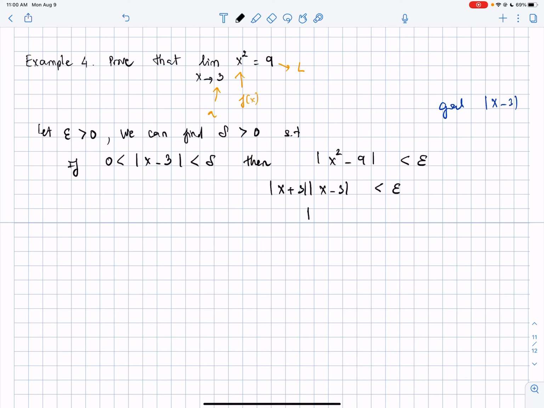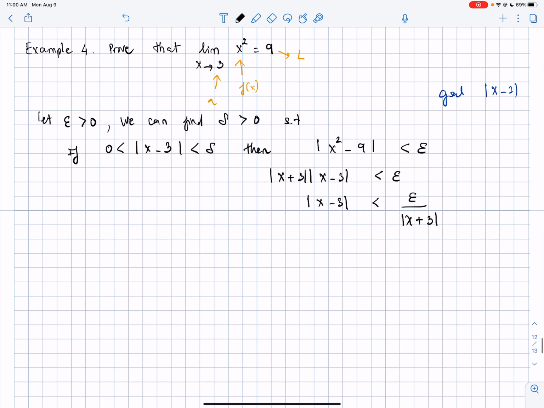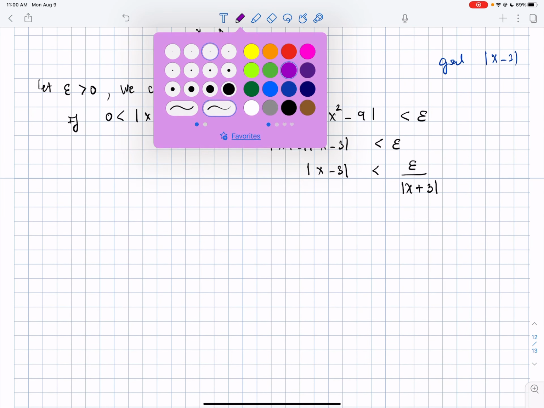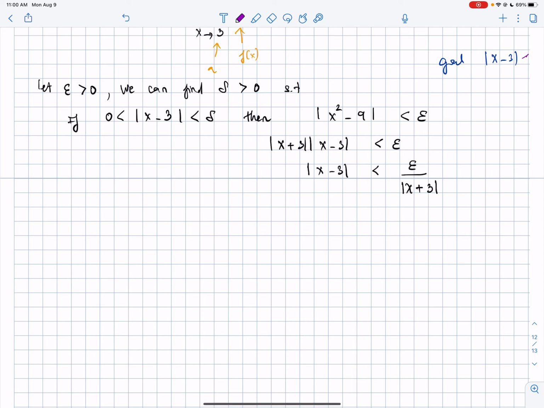Then we want to get x minus 3, so we keep this and then we divide both sides by the absolute value of x plus 3. You know that we will choose the delta, and the delta depends on the epsilon only, in terms of the epsilon only. We don't want it to be in terms of the epsilon and the x. So we kind of want to make the x plus 3 a constant.